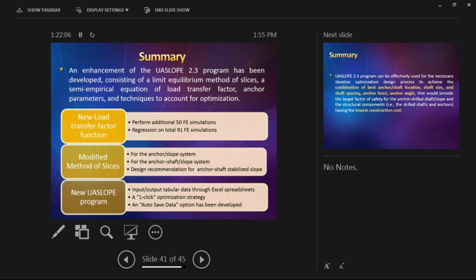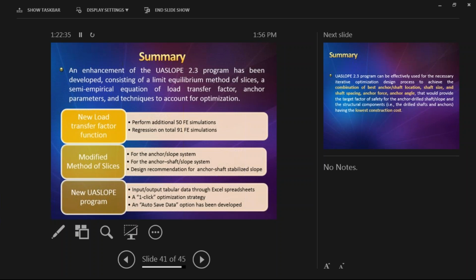We have implemented the interface so that the input information can be prepared using an Excel file so that multiple design scenarios can be done in one shot and then put into the program, and the output will be done in one shot. So you don't have to run the program case by case.